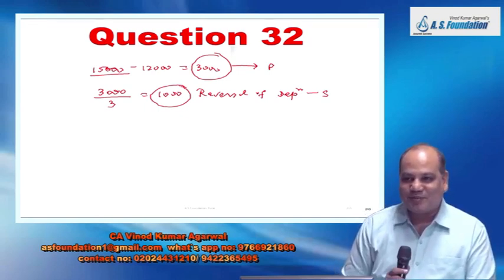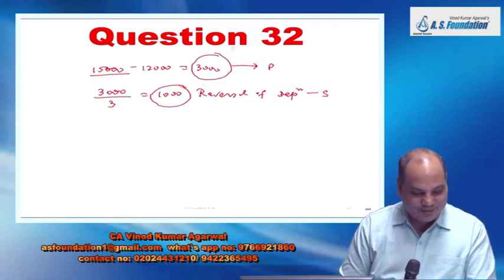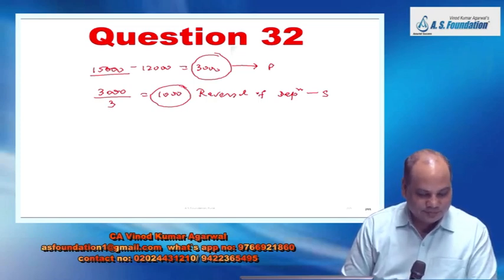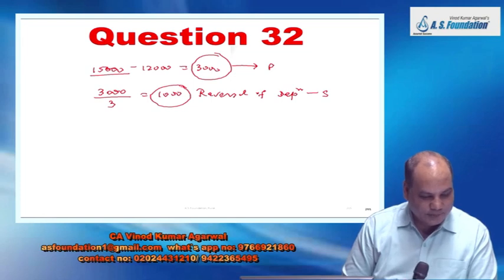So now also we'll assume cost only. No, we will not change. Otherwise student will get confused. Already CA means confused student. 40% of the goods remain unsold at the year end. So we'll have to create some unrealized profit on 40%.